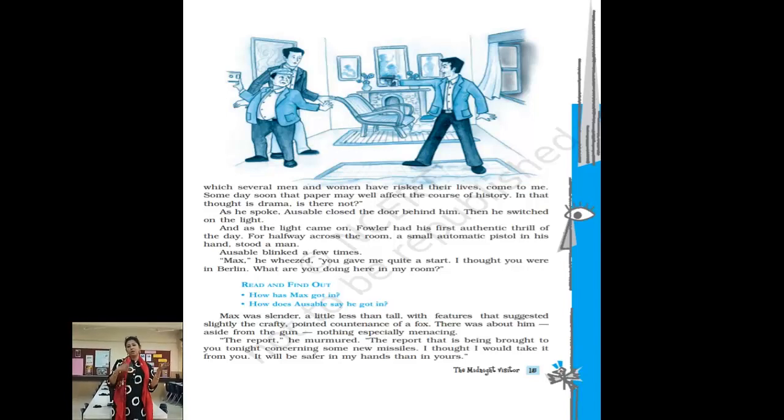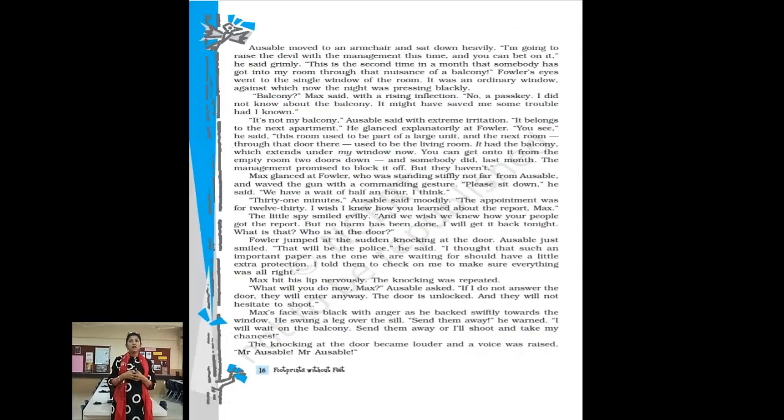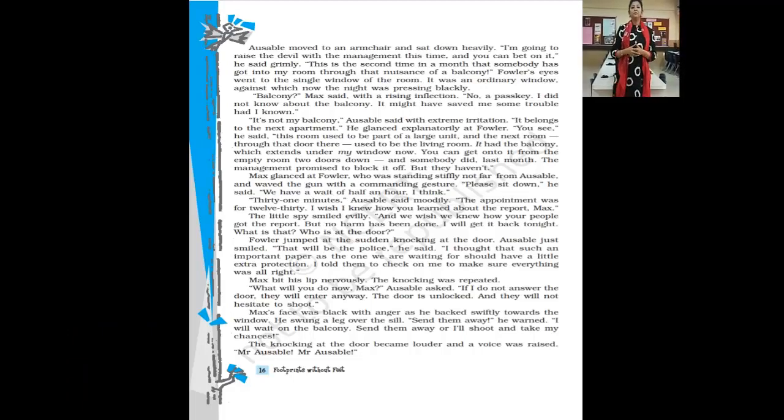So I hope you can understand that Max was smart enough to know that those important papers regarding the missiles were kept by Ausable in secrecy. So he wanted to take those papers from whom?